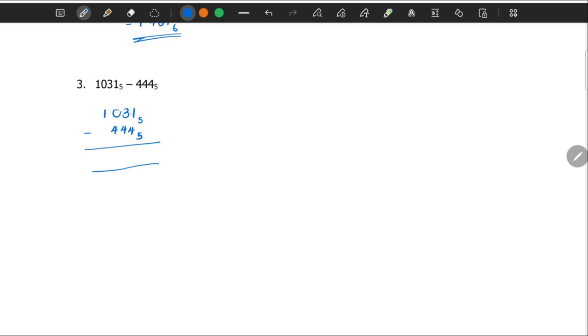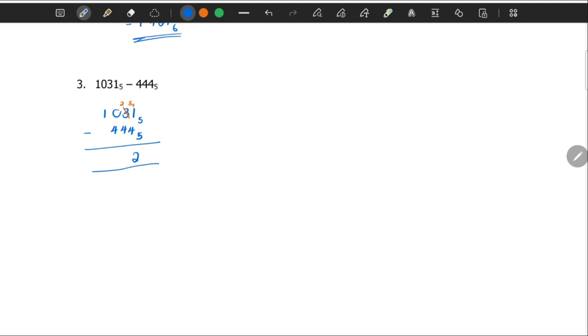Again, 1 minus 4, it can't, so you need to add a base 5. Because you've added here, that means that you've subtracted here, such that you've borrowed from the previous place a whole base 5, and that's going to be 5 plus 1, 6, minus 4, it's going to be 2.